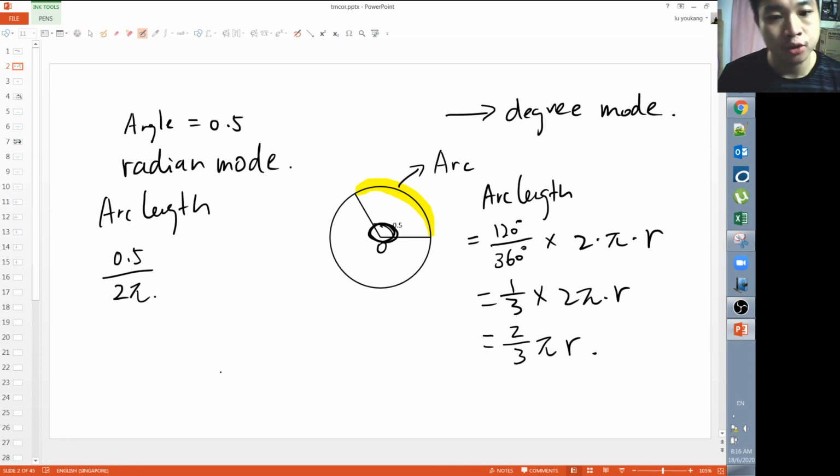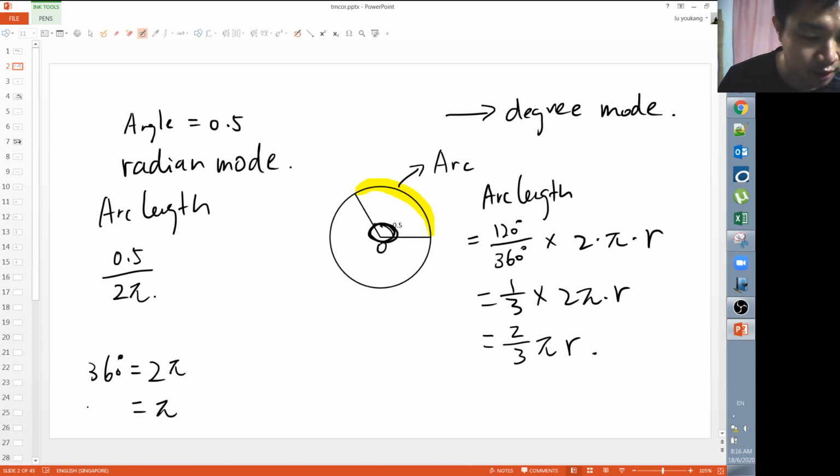This means 360 degrees is actually equal to 2 pi. If you simplify this, you can see pi is equal to 180 degrees. Please remember this: 360 degrees is 2 pi, and if you simplify it, 180 degrees is equal to pi.